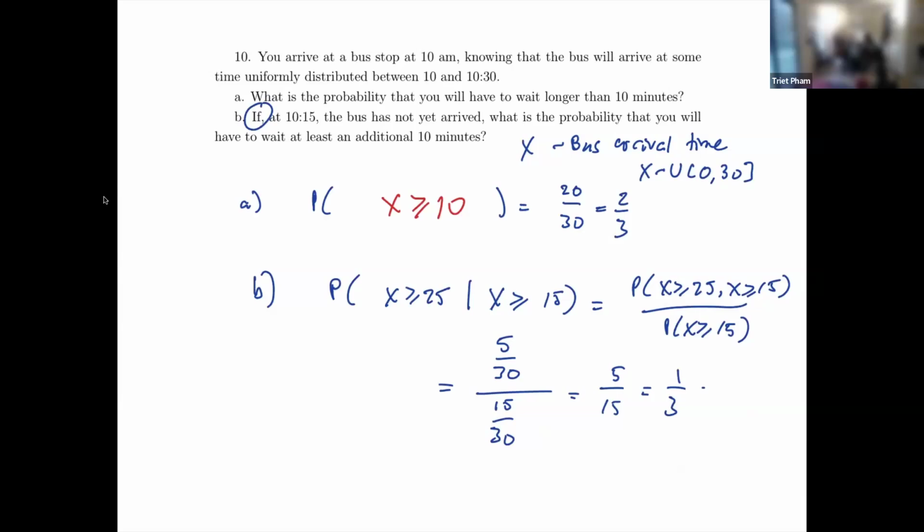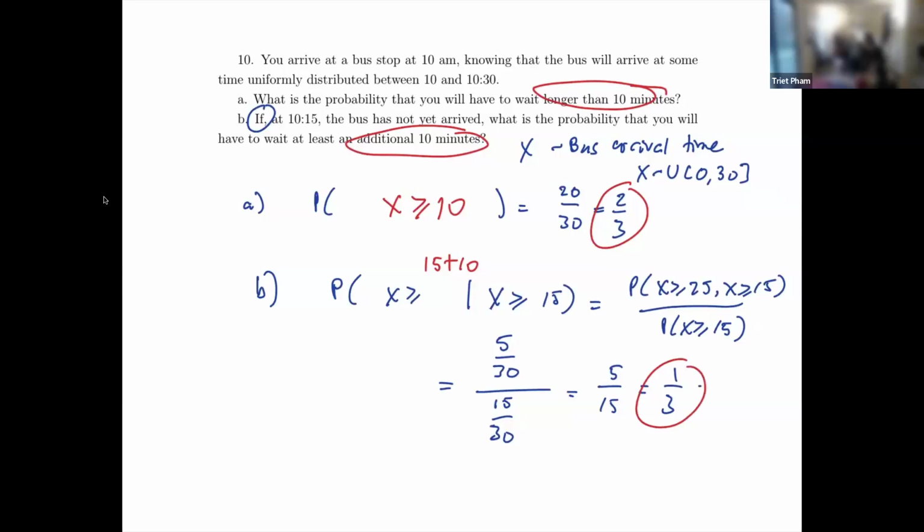Notice both of them have the statement about waiting longer than 10 minutes. The second one is conditioning on you having waited 15 minutes, but you can still view this as 15 plus 10, 25. But that's not the point. The point is the answers here are different, 2/3 and 1/3.